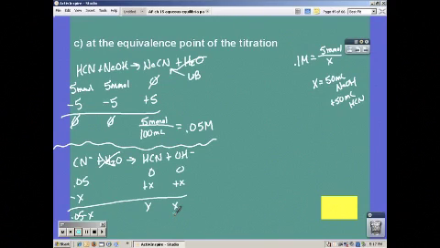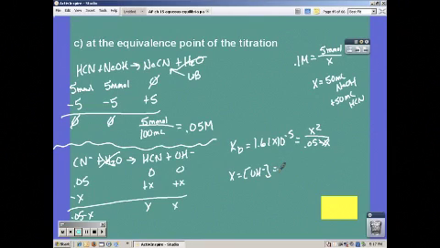They gave you a Ka, but we don't have HCN, we don't have an acid, we have a base. So the Kb is 1.61 times 10 to the negative fifth. When we solve for x, x is going to be our concentration of OH since it's a base, which is 8.98 times 10 to the negative fourth. pOH is 3.05. pH is 10.95.